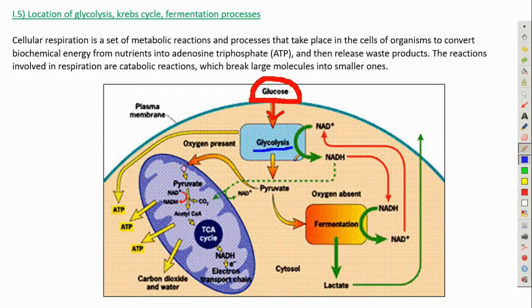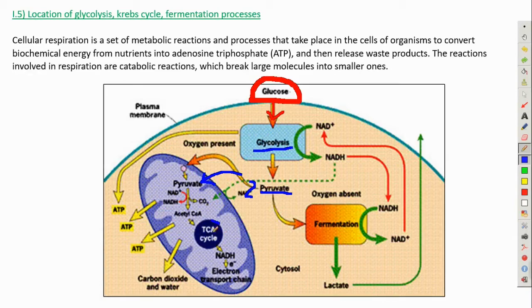This glycolysis is going to, through different enzymes, split glucose into two pyruvates. These pyruvates can either go into a process called fermentation, or they can go into the mitochondrion, this organelle here.